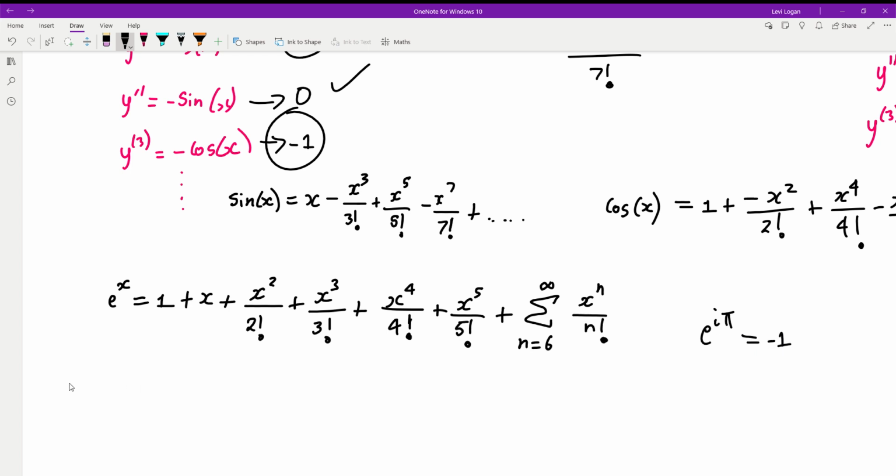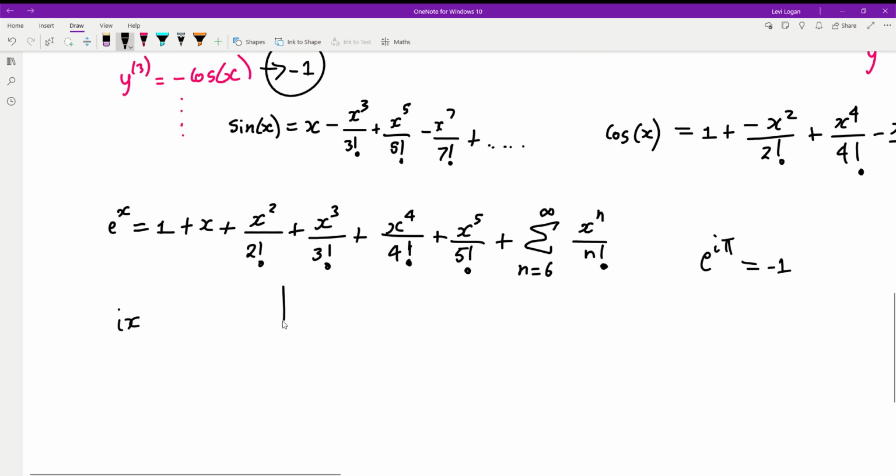So what we're going to do is we're going to let x equal i pi, okay? Or just to make it simpler, this can be anything here, so we'll just replace it with ix instead. Multiply every bit of x by i. So what that turns into is this sum here.